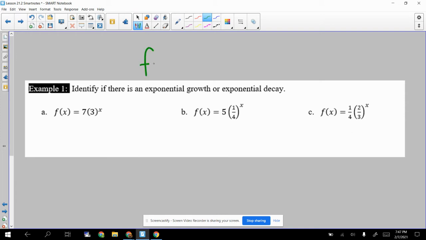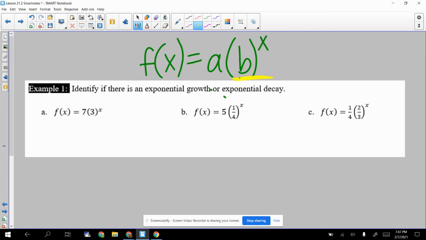So again, the function is f of x equals a times b to the x. And you really want to focus on this b to the x. So whatever has the exponent, the x attached to it, that's what you're focusing on. So in this one here, we have 7 times 3 to the x. So 3 is greater than 1.